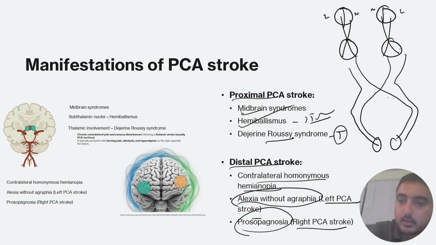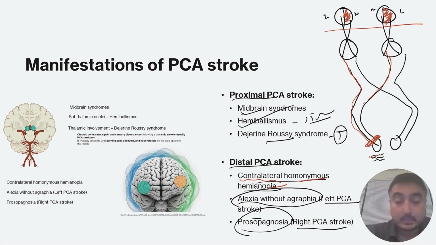So if you have this left PCA stroke, then we trace these fibers. So the lesion is here, so we would lose this side of the visual field, and then we trace this, so we look at this side. So we are losing the right side of the visual fields of both the eyes if we are having the left PCA stroke. So that is why we said contralateral homonymous hemianopia.